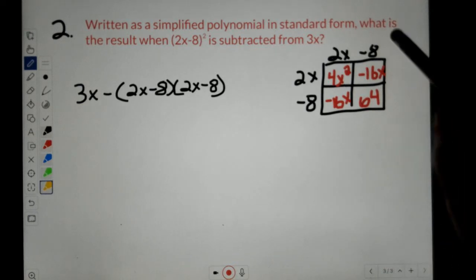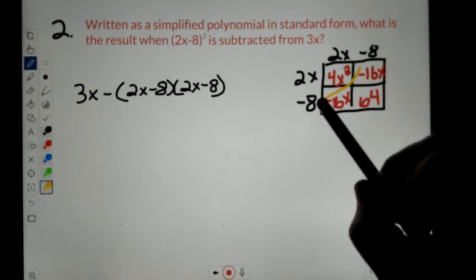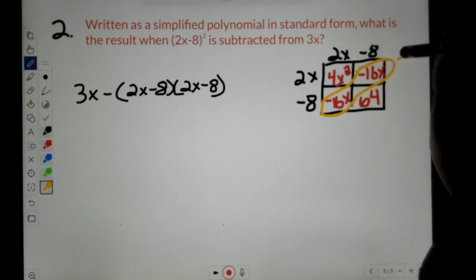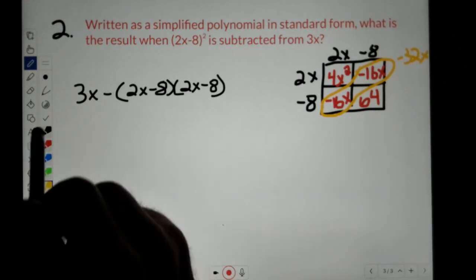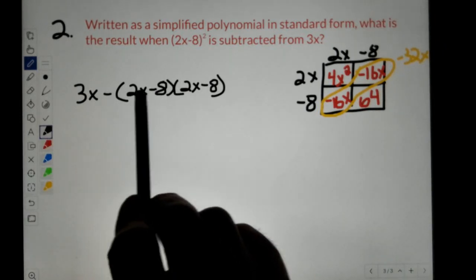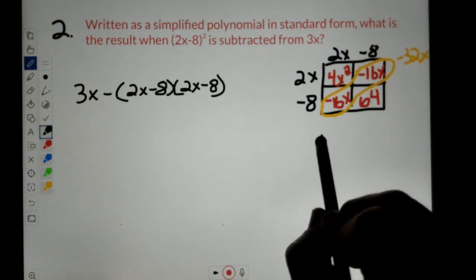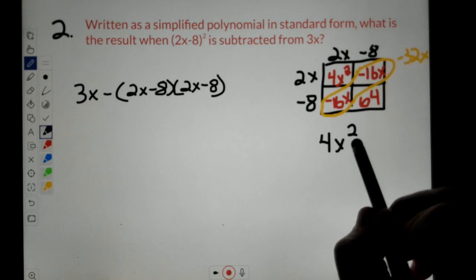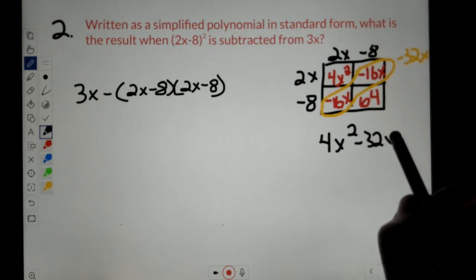Remember that we end up with like terms diagonally here. We have a negative 16x and a negative 16x. When we combine that, we have negative 32x. All right. So when we multiply this 2x minus 8 squared, or 2x minus 8 times 2x minus 8, we end up with 4x squared minus 32x plus 64.